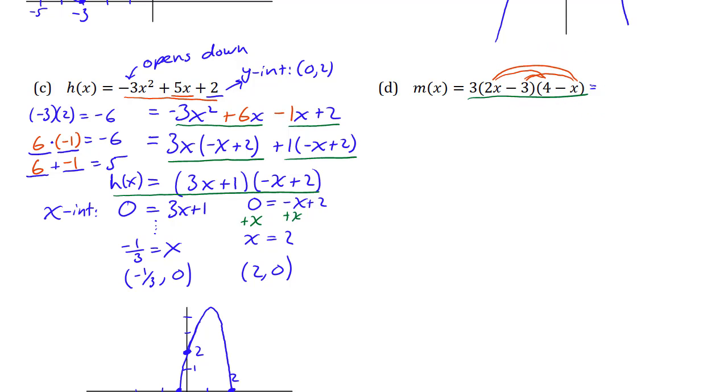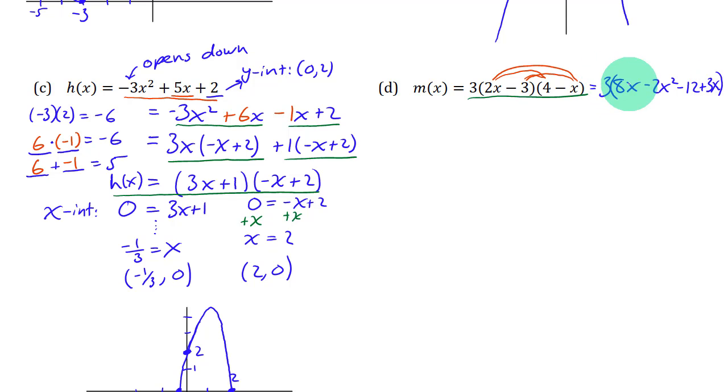So that's going to be, I'll leave the 3 alone for now. 2x times 4 is 8x. 2x times x is minus 2x squared. And then we have minus 12 on the inside. And then minus 3 times negative x is plus 3x.